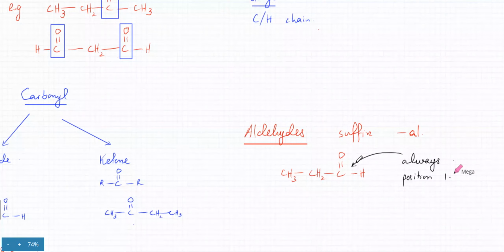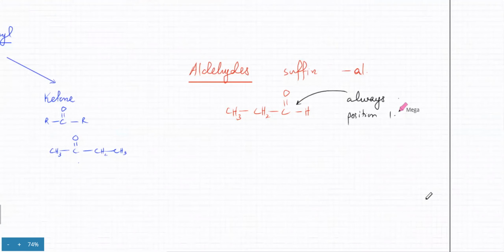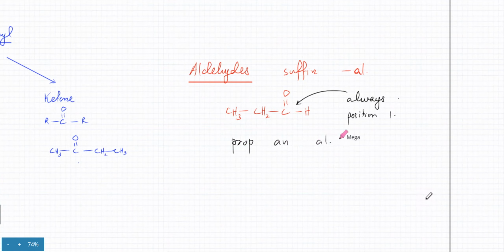So here the issue of numbering it doesn't arise. This one is going to be prop-AN-AL. The AN and EN part would still be there because that information tells you whether the molecule is saturated or unsaturated, whether there are double bonds or not. So this is propanal. No need to mention any position because by default it's always 1.